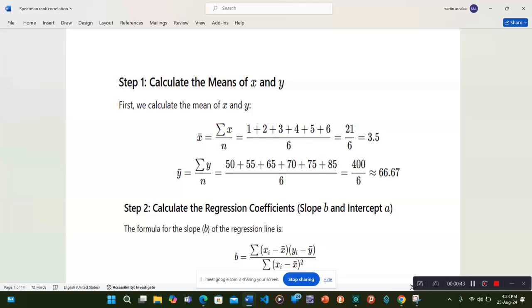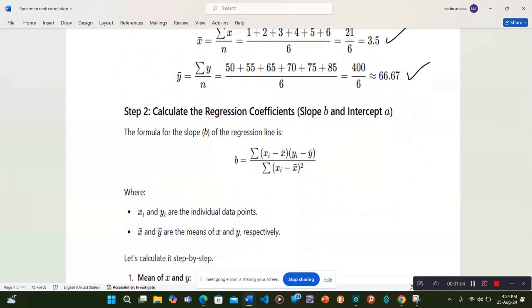Okay, so when you determine the mean, you sum the number of hours divided by the number of data points, and you get 3.5. Then y bar, you also sum all those divided by their number, and you get the mean score.